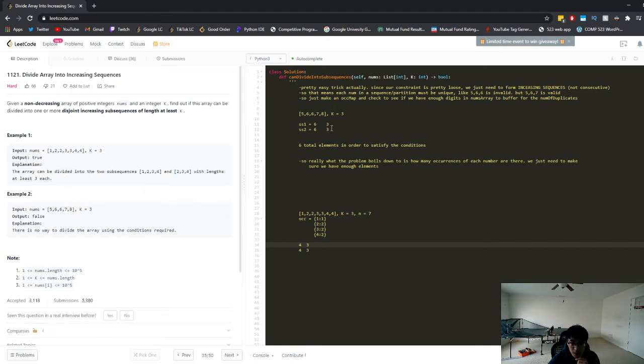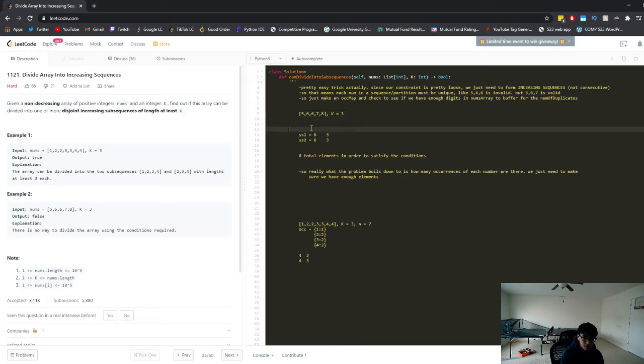These are all unique numbers in each individual set. So let's take a look at this second example to see a case where it doesn't work, where we cannot divide the array into increasing subsequences of at least length k. Given 5, 6, 6, 7, 8, let's just play around with it.